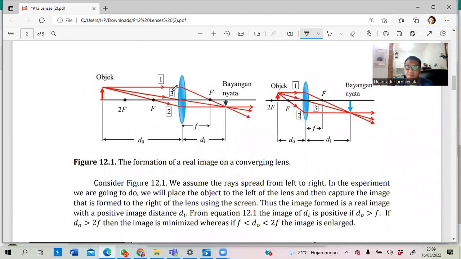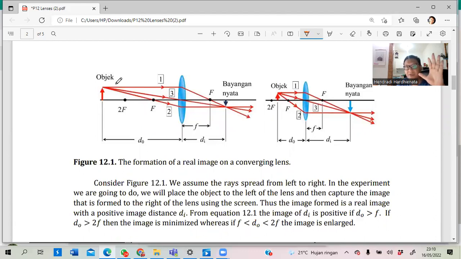And here you can use the special rays to determine the final image. As you see, if the image is formed by the direct arrows, the arrows go through the image. This is called a real image because you can actually catch the image with a screen. If the image is virtual, you cannot catch the image.